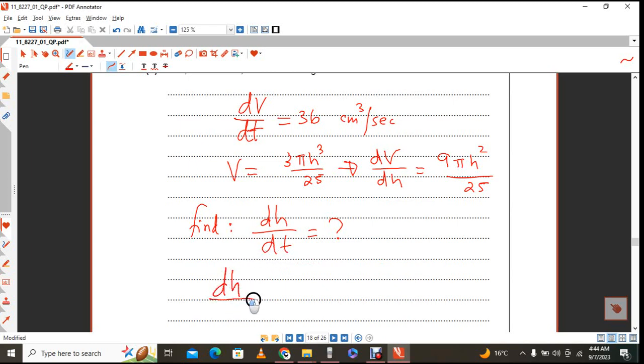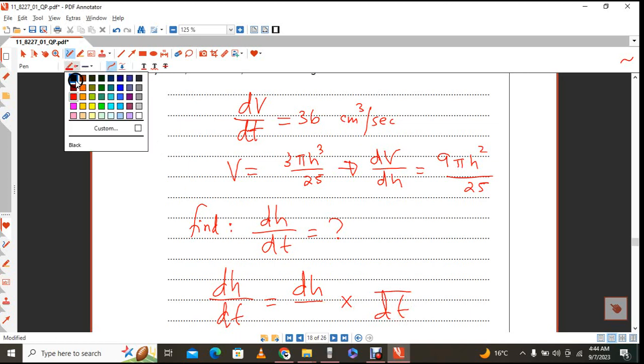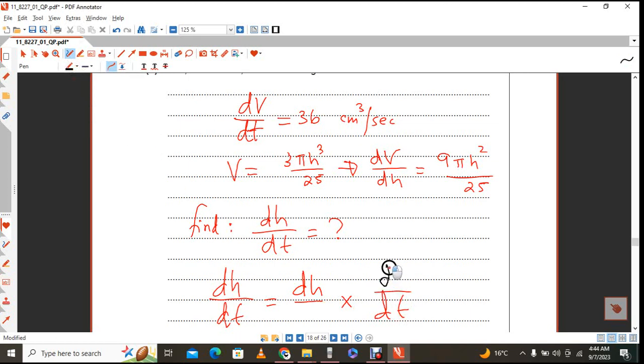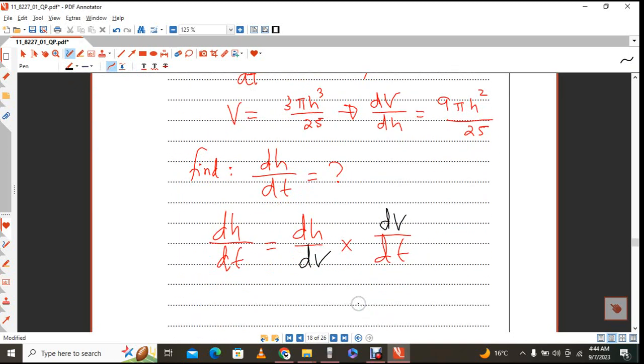So using the chain rule, dh/dt equals dh/dV times dV/dt. Here you are going to have the same letters, dV, dV. Now, one thing that you must also realize, this is dh/dV, but this is dV/dh. So to change this one to dh/dV, you have to invert this one.